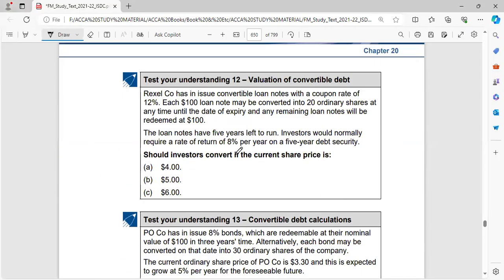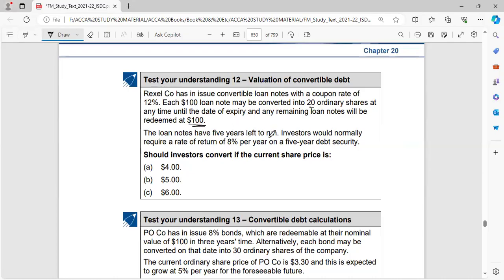Now we have convertible, where we have the option of conversion of loan notes into ordinary shares. Our company has an issue of convertible loan notes with a coupon rate of 12%. Each is $100. A loan note may be converted into 20 shares at any time until the date of expiry, and remaining loan notes will be redeemed at $100.